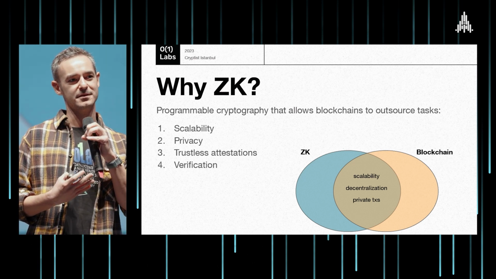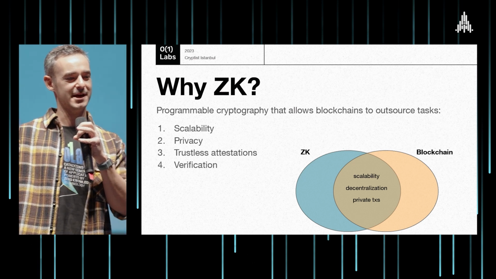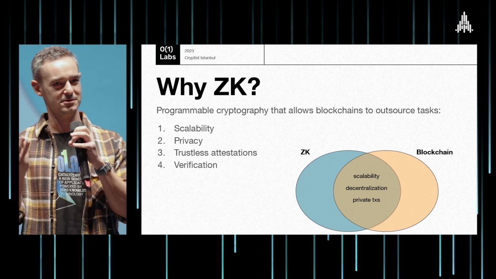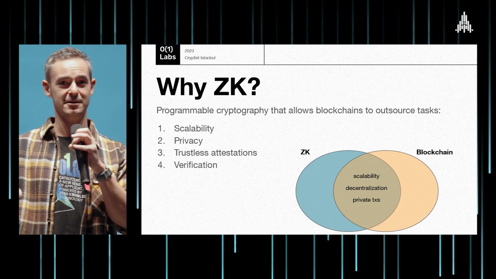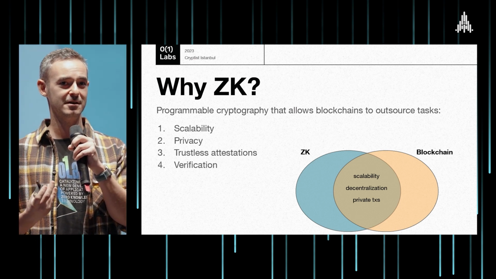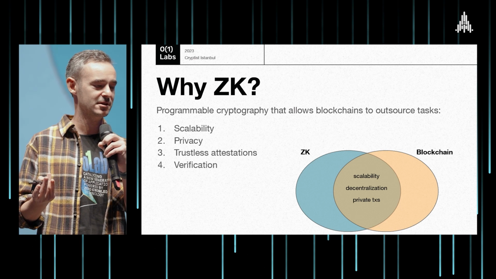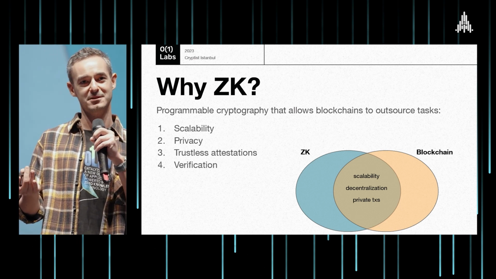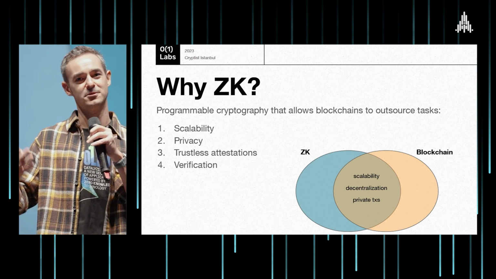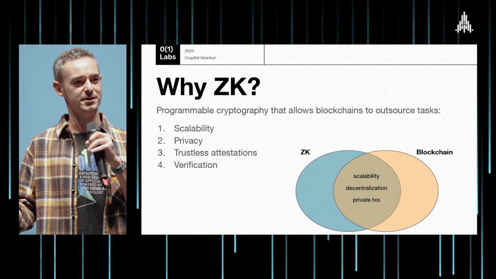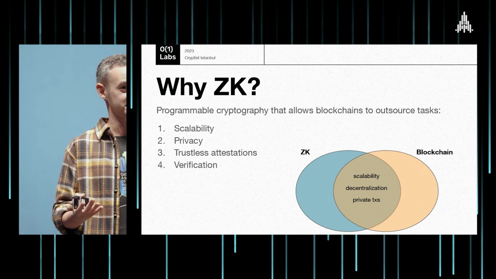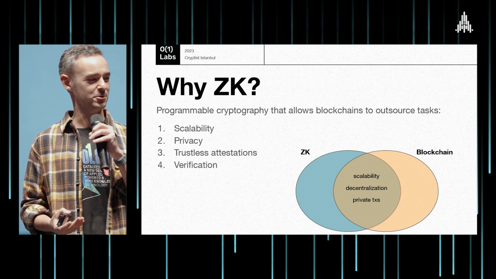This is going to change, but we like to categorize them under 4 main categories: scalability, scaling the throughput of blockchains; privacy, allowing people to hide their private data or the details of their transactions; trustless attestations, which is basically how do you prove a fact about yourself without sharing the entire data; and verifiability, which usually becomes much more relevant in this whole AI revolution that we're all having.